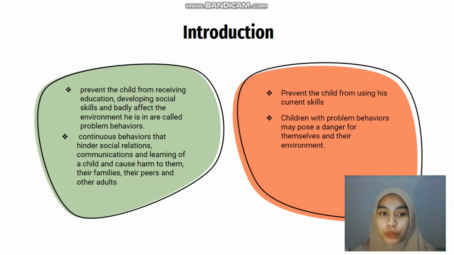Behavioral issue is continuous behavior that hinders social relations, communication and learning of a child and causes harm to them, their families, their peers, and other adults. Behavioral issue prevents the child from using his current skills, and a child with problem behavior may pose a danger for themselves and their environment.